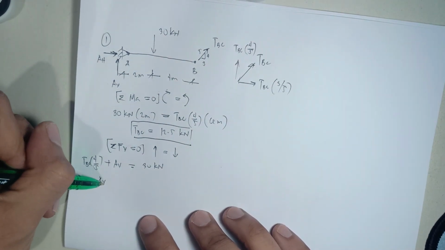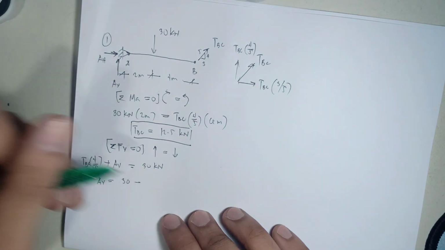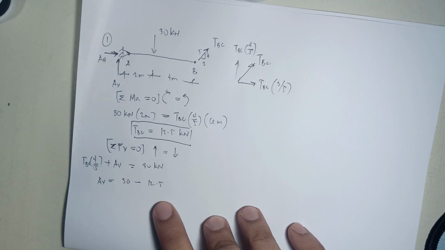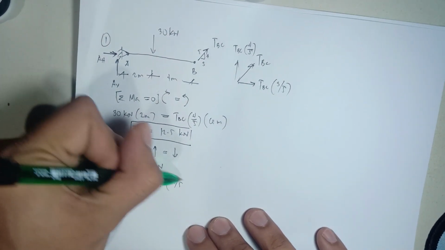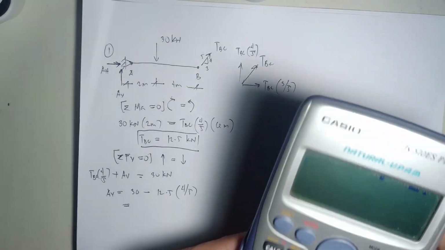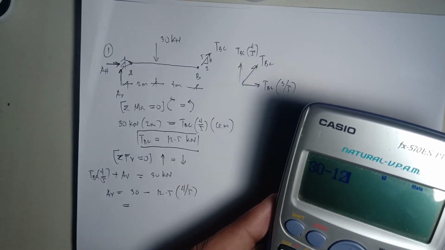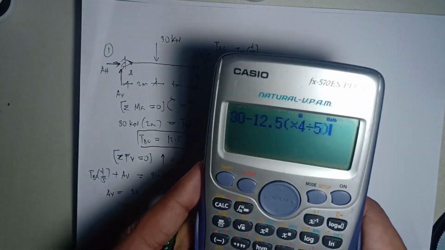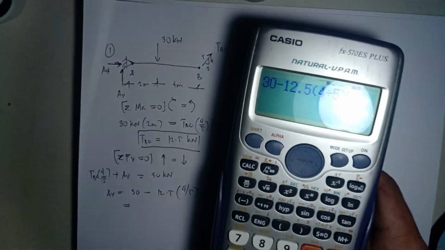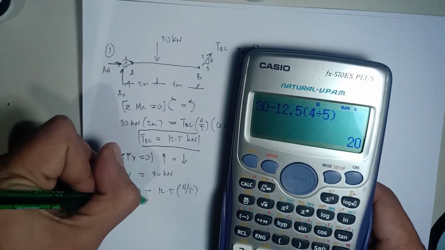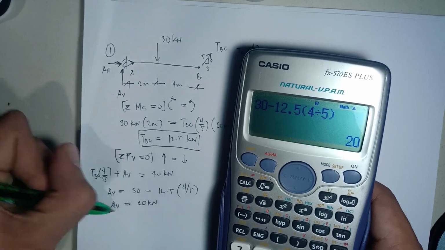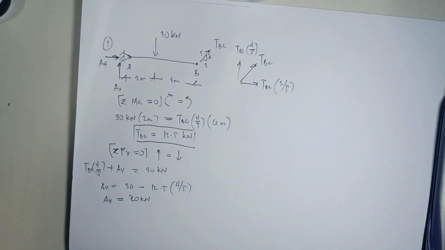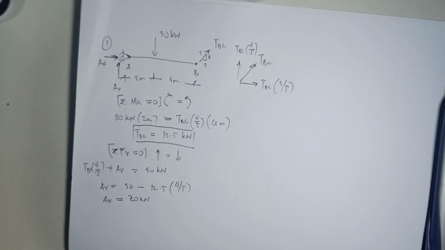Then, solve for AV. AV equals 30 minus 12.5 times 4 divided 5. O, yan. 20 kilonewtons yung AV.